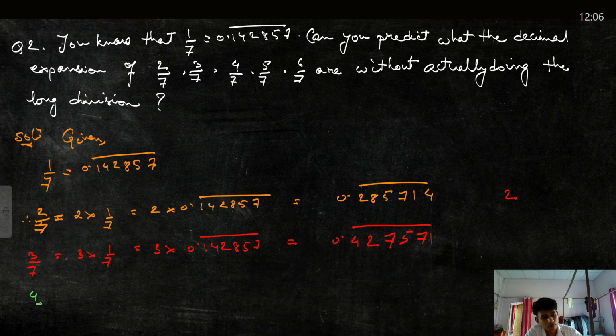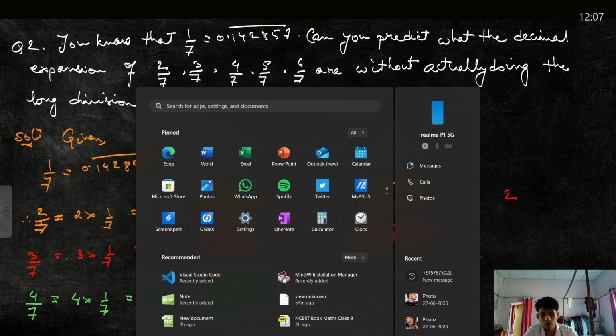Now 4 by 7 is equal to 4 times 1 by 7, which is equal to 4 into 0.142857. Now to save time I will use a calculator.